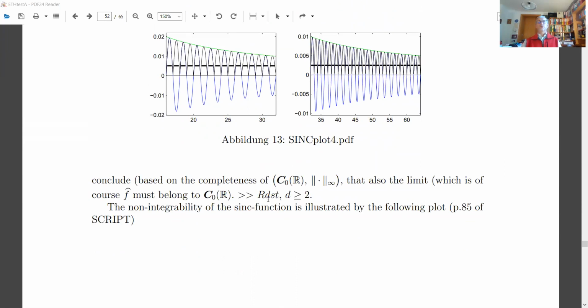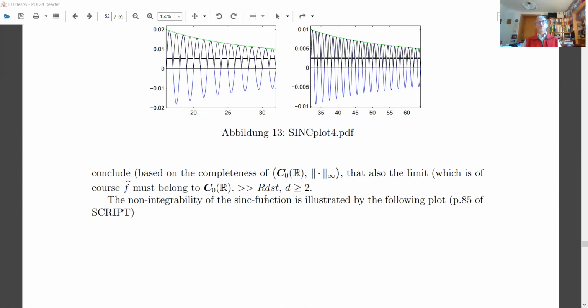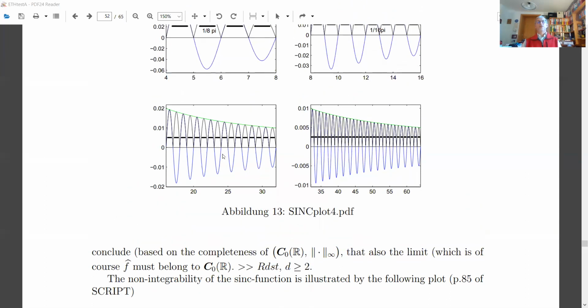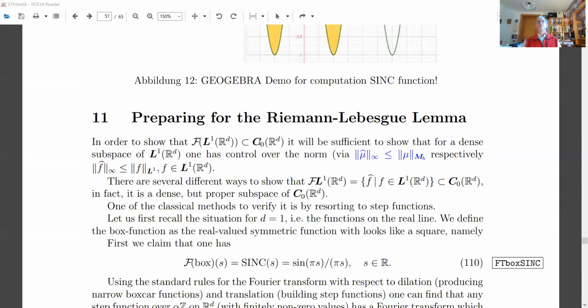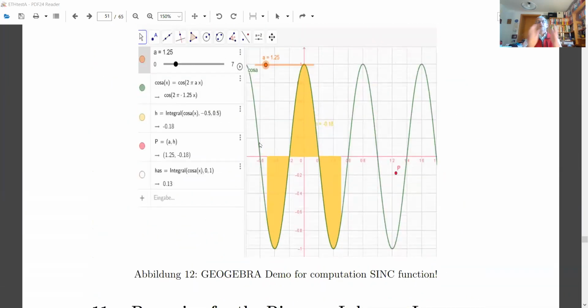How this works for multidimension is also clear, but you can also understand why this has to be like this. The non-integrability is essentially a consequence of the fact that the box function, which we have seen before, has a cutoff here in the middle. So it has a jump.